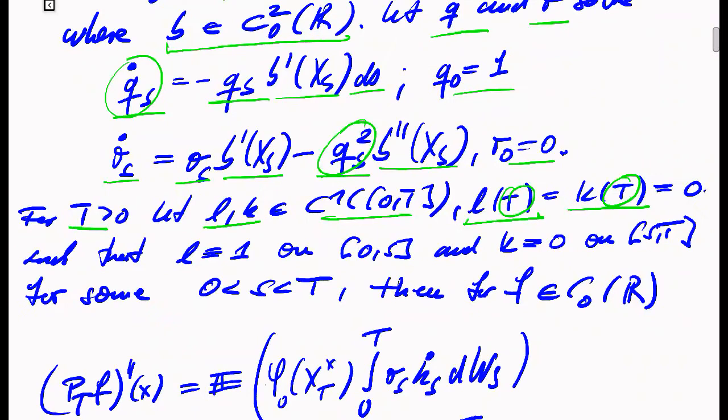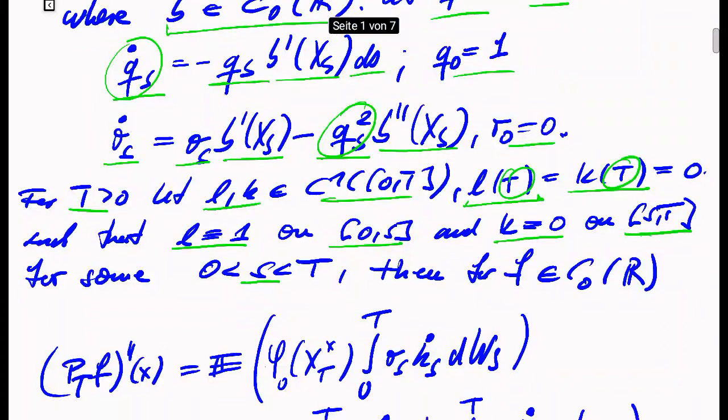Let us furthermore assume that this L function is constant 1 on a certain subinterval from 0 to s, where s is a certain time between 0 and t. And let us assume that the k function is identically 0 on the complementary subinterval from s to t.